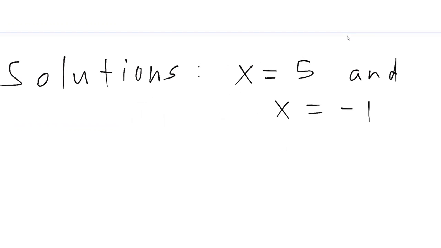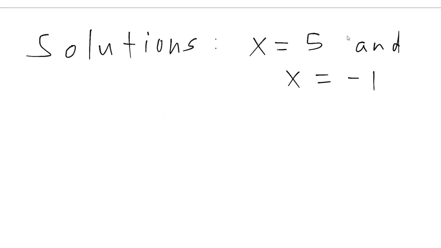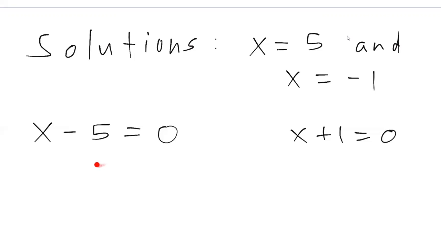Now, the reason I could do this is because if x is equal to 5, then, kind of in reverse, working backwards so to speak, those are two simple equations that give me a solution of +5 and -1. Plug 5 in here, it makes the left side equal 0. Plug -1 in for x, it makes the left side equal 0.